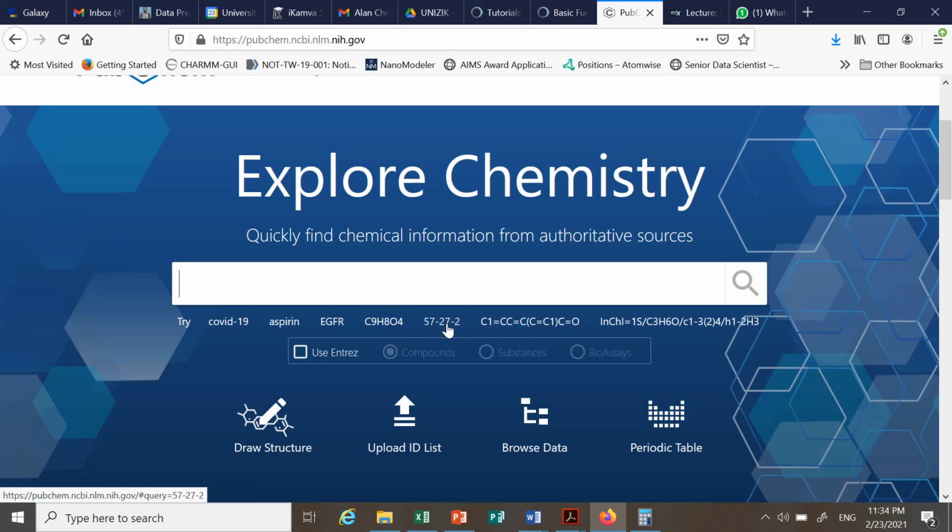I've not actually used this before. Then you can use the SMILES, a digital format for compounds, and the InChI key, which is another representation of compounds. I think I'll take a look at this later.